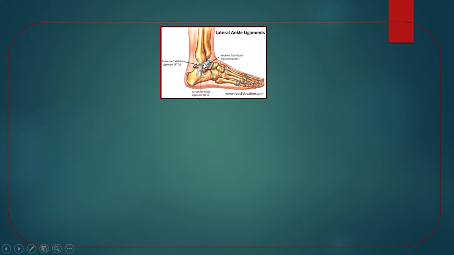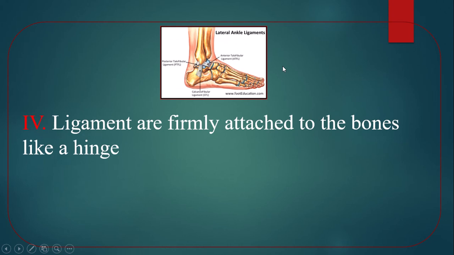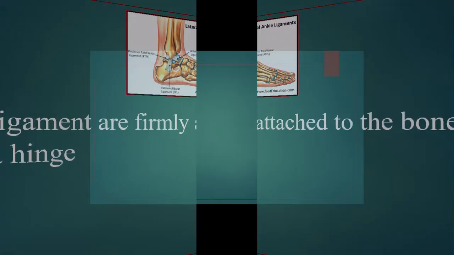This is also another type of ligament, also attached to this bone with this bone. That means the ligament is the fibrous connective tissue which is attached with two bones, is called ligament. Ligaments are firmly attached to the bones like a hinge.